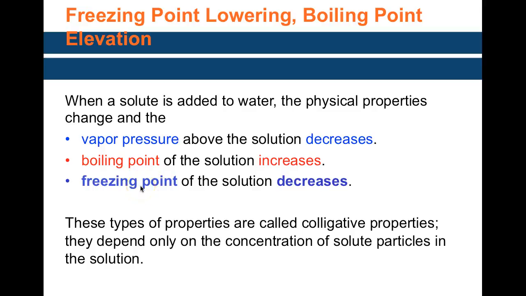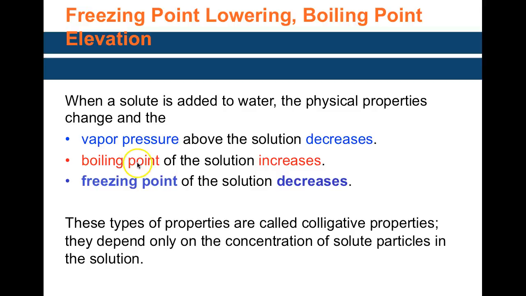Especially in Wisconsin, we can take advantage of that by adding calcium chloride, by salting the roads, so that the rain or snow, the precipitation, freezes not at 0 degrees centigrade, but way below 0 degrees centigrade.